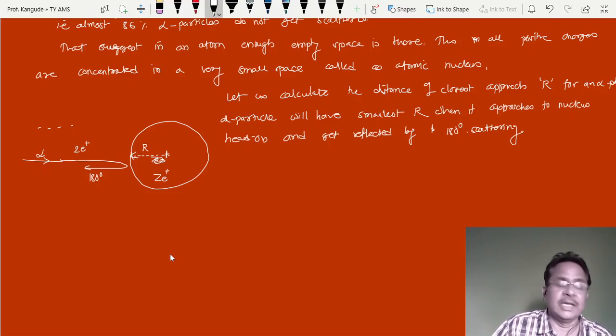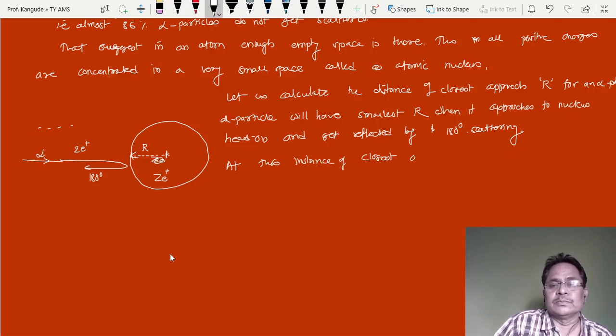So this is 180 degrees scattering. We can take this particular concept. So at this instance of closest approach, now let's see what I am doing.